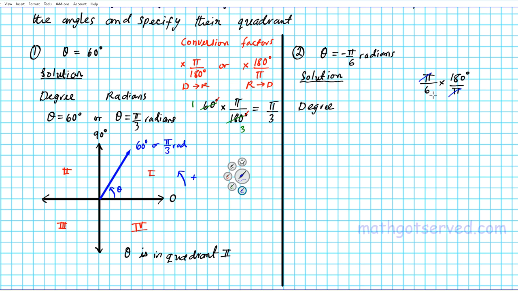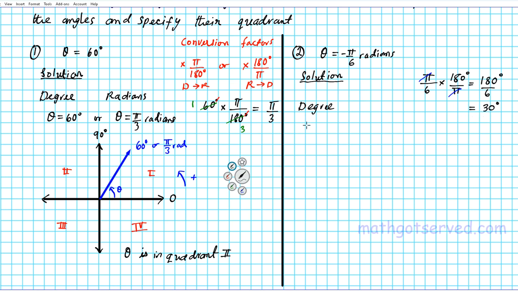Now how many times does 6 go into 180? 6 goes into 18 3 times, so it goes into 180 30 times. You could cross reduce, or you could just divide it out: 6 goes into 18, bring down the 0. 30 degrees is your degree measure.